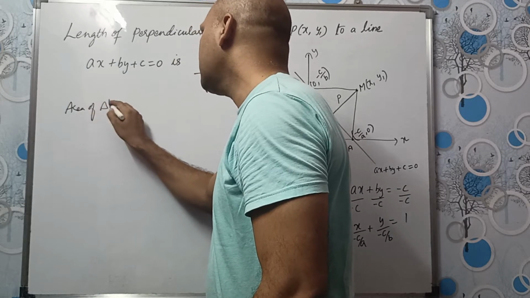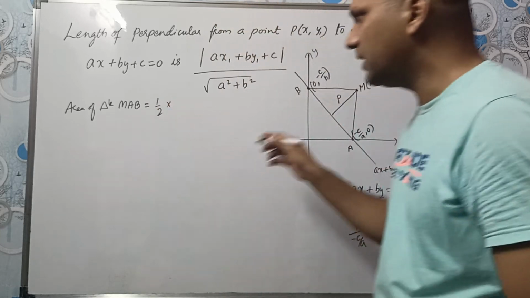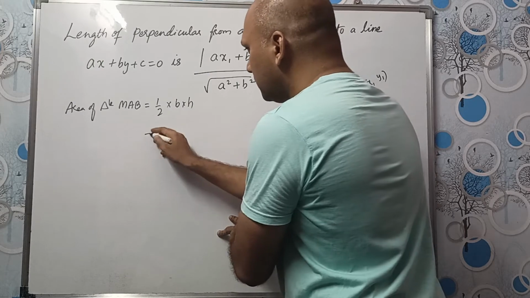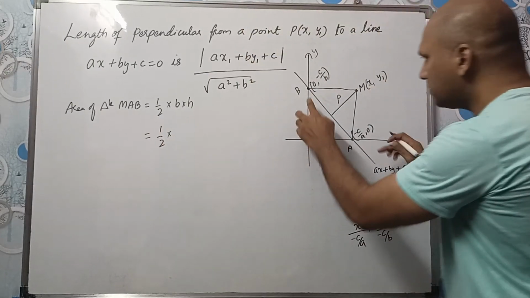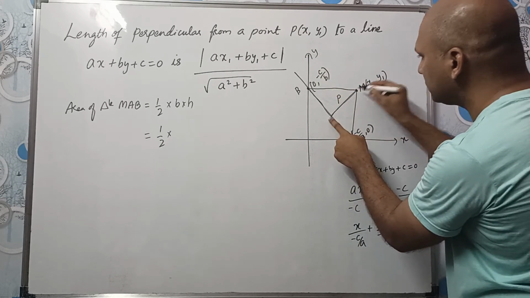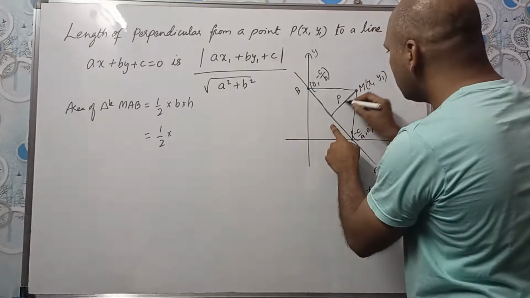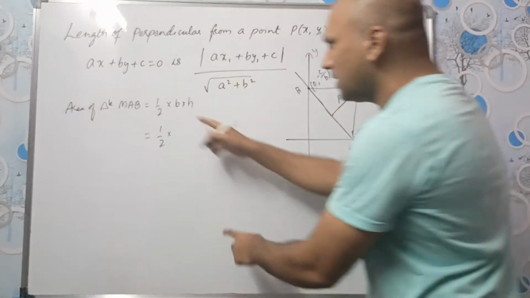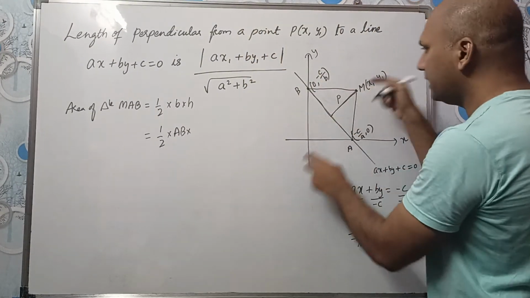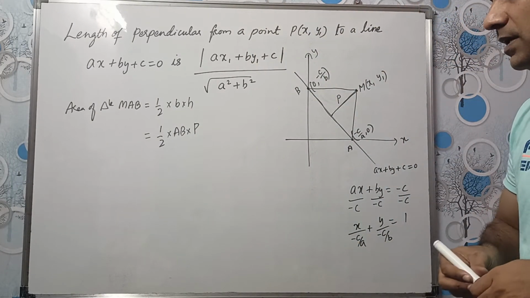Area of triangle MAB will be half into base into height, as we have studied. If you take AB as the base, this will be the height. The length of AB is the base and the height is the perpendicular distance. So half into base AB multiplied by height, the perpendicular distance p. This is the area of the triangle.